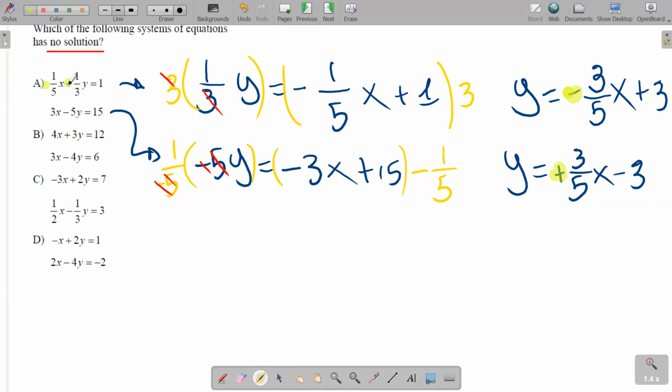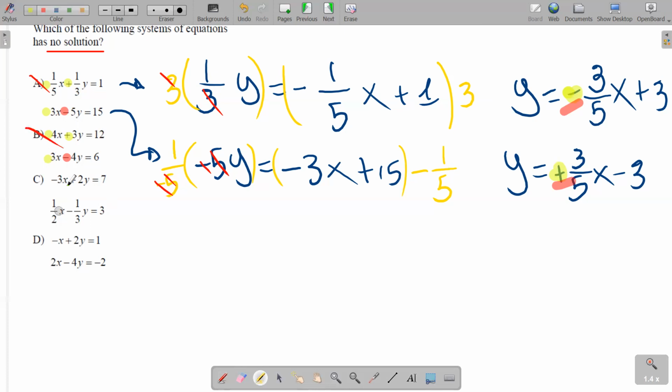In fact, on the first equation, x and y are both positive, while in the second one, one is positive and one is negative. Because of that, we knew that we were going to end up with two different signs. Now, this method of checking is way faster, and we can apply it also to our next case, case B. And look, case B is like case A. So without even doing the conversion, we know that they are going to end up having two different slopes. So as A is wrong, also B is wrong.